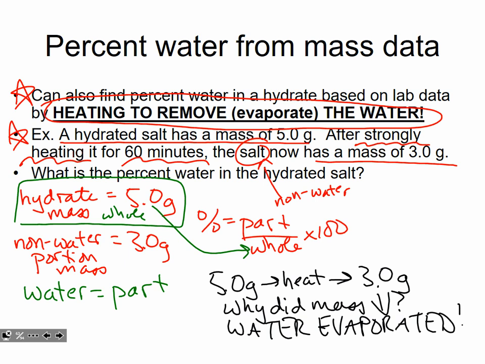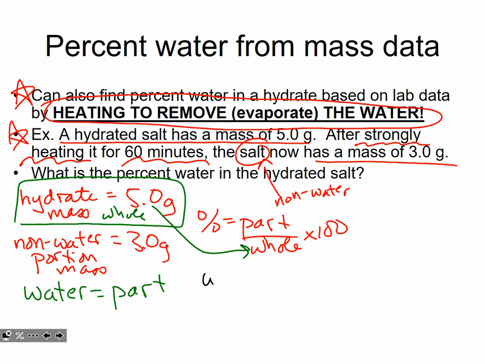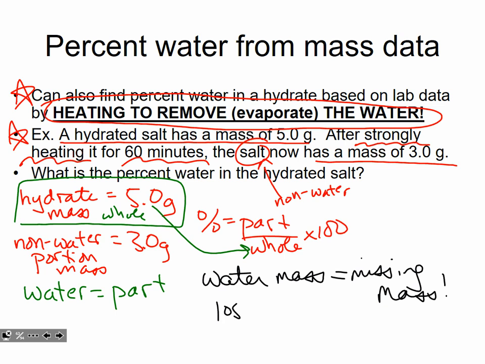So what is the mass of the water then? The mass of the water is going to be the missing mass. Because the water left, we started at 5 grams, we heated it, then it became 3 grams. We lost 2 grams of mass due to the water evaporating.